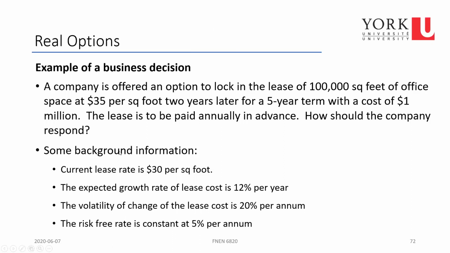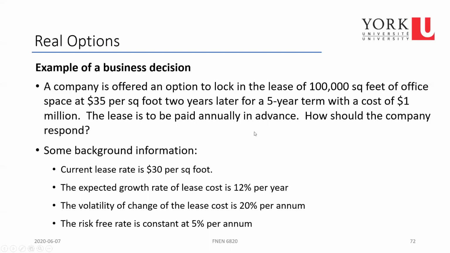So for example, we have a company that is offered an option to lock in the lease of 100,000 square feet of office space at $35 per square foot, 2 years from today, for a 5-year term, at a cost of $1 million.